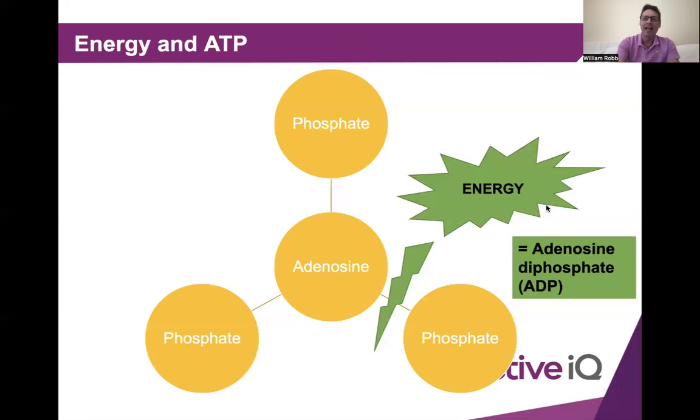So ATP has 1, 2, 3 phosphates. Once one phosphate is released, it creates that energy explosion. Once the energy explosion has happened, we're left with 2 phosphates and therefore adenosine diphosphate.